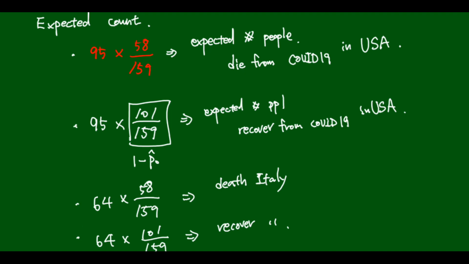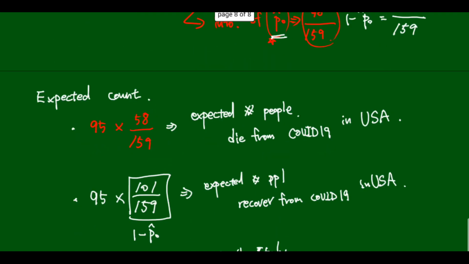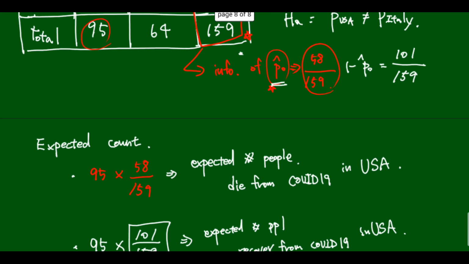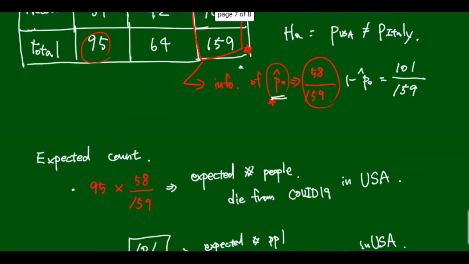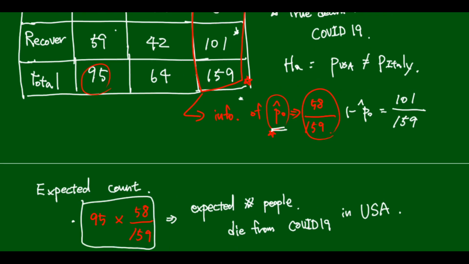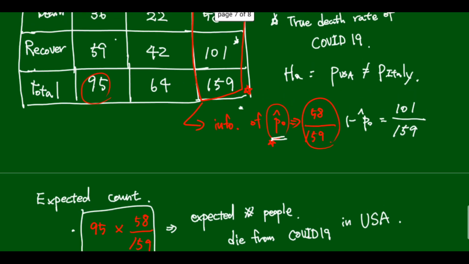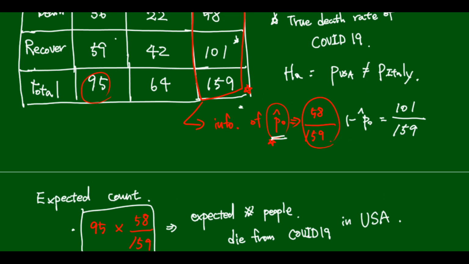So if you calculate these four numbers for each cell, let's just calculate what the value is. So 95 times 58 divided by 159.